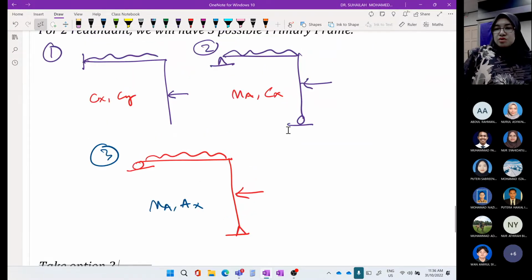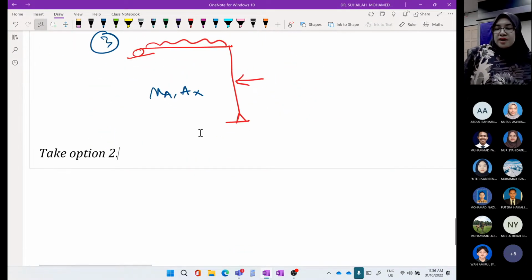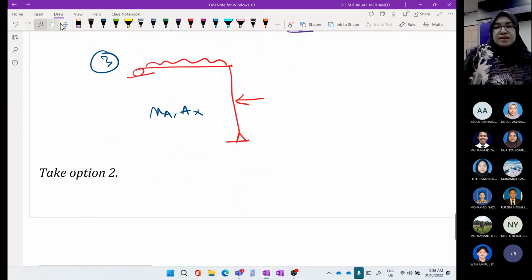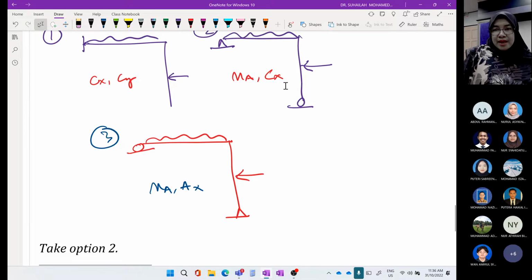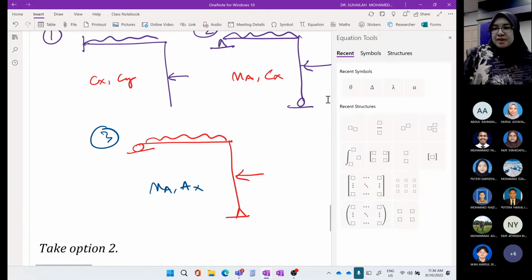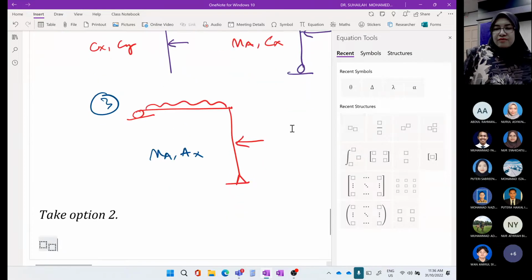Okay, take option 2. Okay, so we have 2 redundant, MA and redundant CX. We have R1, MA.